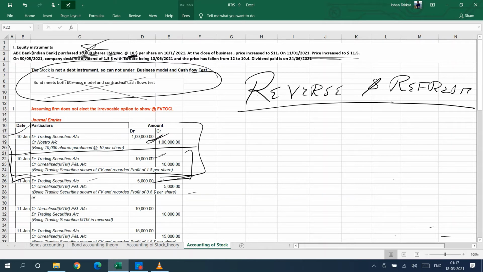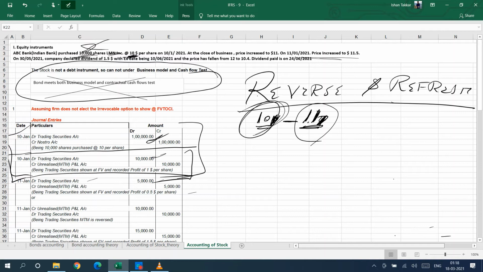So if you bought for $10 and the price increased to $11, on the next day they will reverse this and show it at 11.